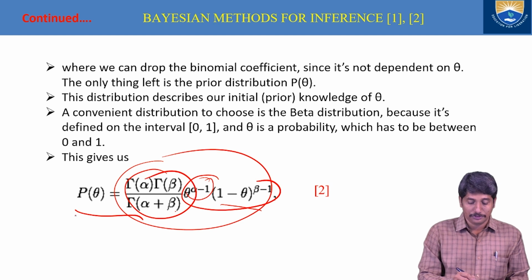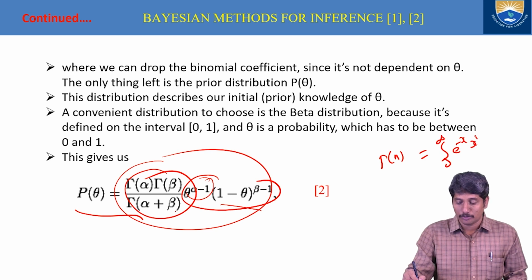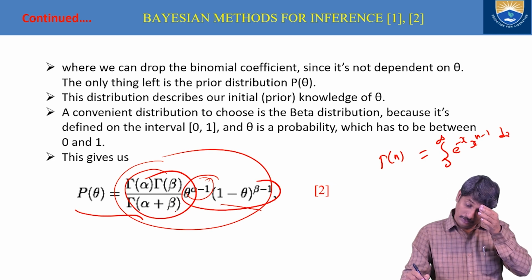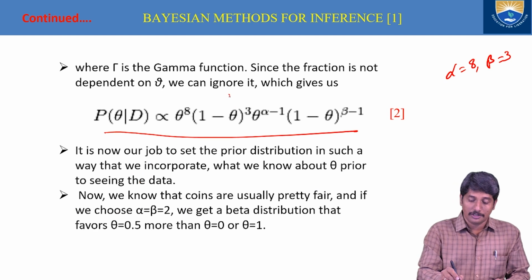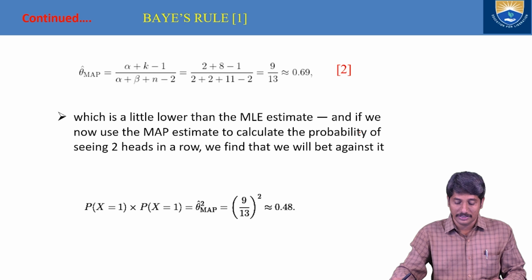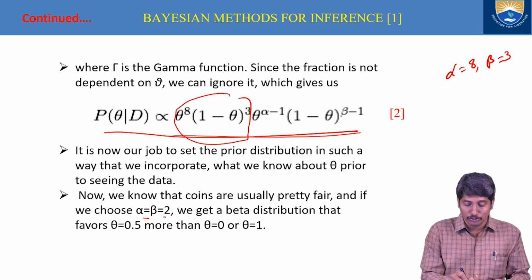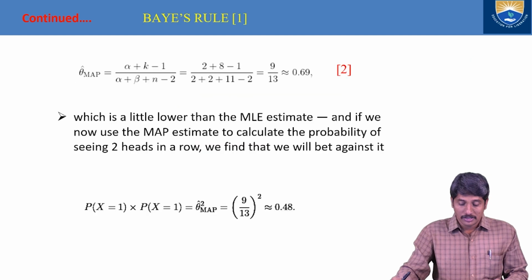If we expand the gamma function, the definition is the integral from 0 to infinity of e power minus x, x power n minus 1 dx. By using this, we can approximate this constant, replacing it with this. Okay, we will reach that, assuming alpha is equal to 2 and beta is equal to 2 in the beta distribution.